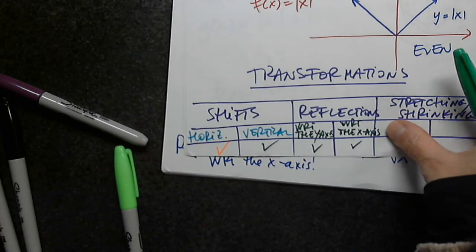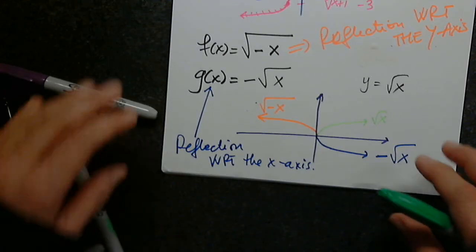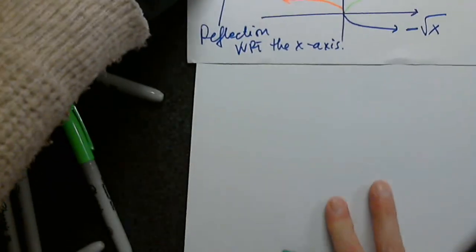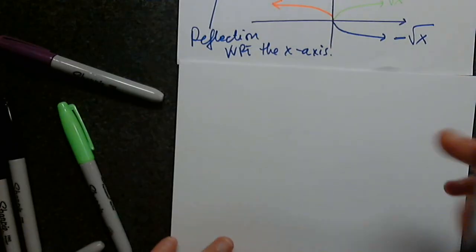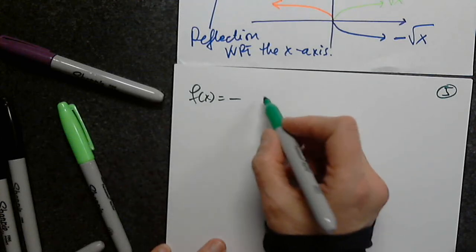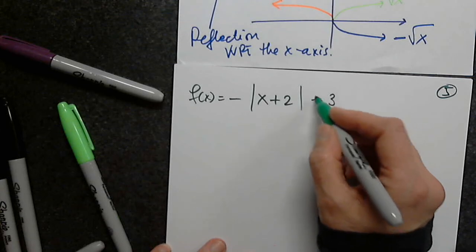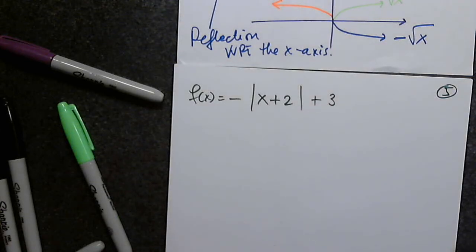And now let's use a combo, a function that has all these and the above. Ready? So here's a combo. F of x equals the absolute value of negative x plus 2, plus 3. Again, in order of operations, I have to present all transformations here.